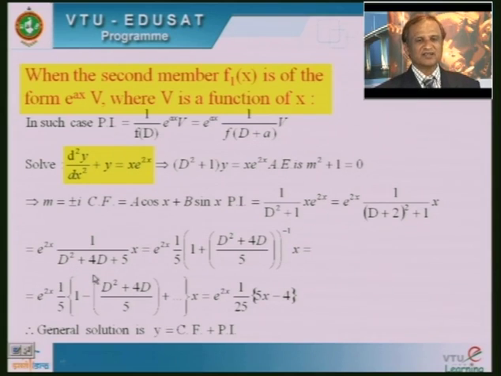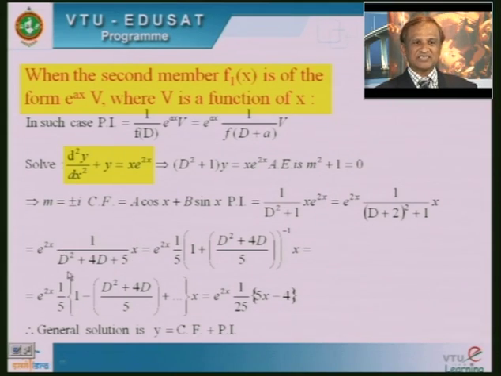I want to remove all the operators D, because it contains D square and D. I have to remove all these operators. Then only I can call it a particular integral. But this term still contains D. So, if I want to remove it, then once again I have to apply the method of the form x raised to m.